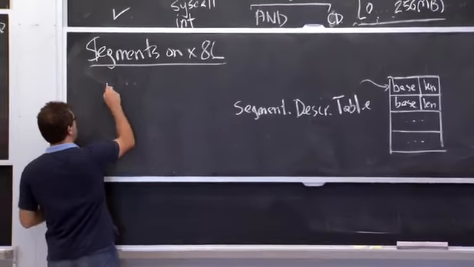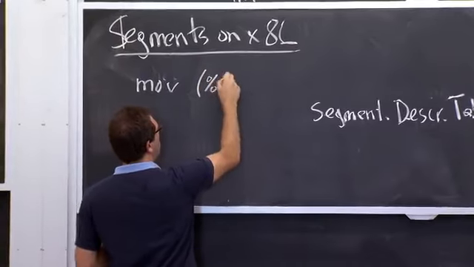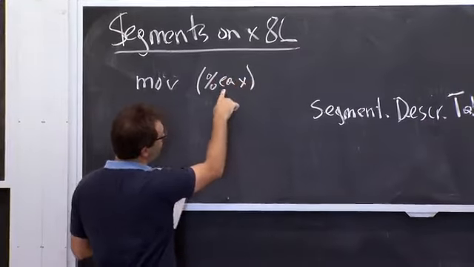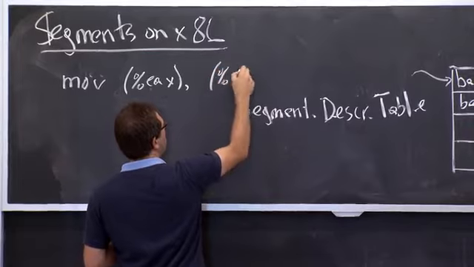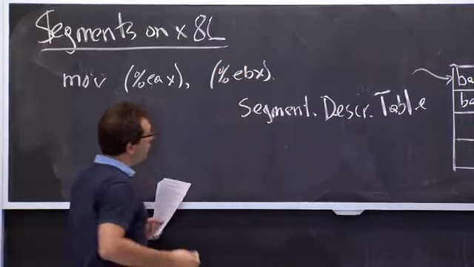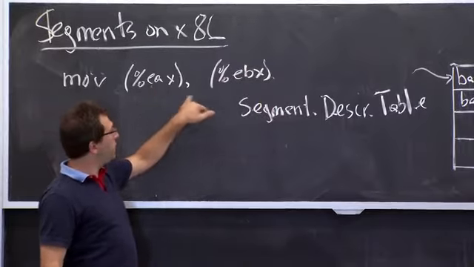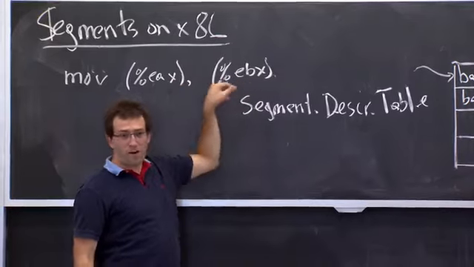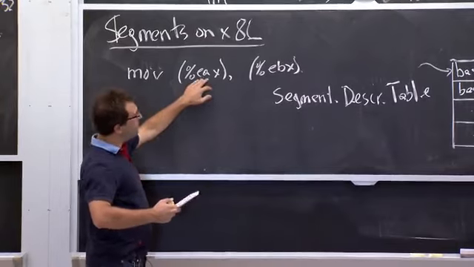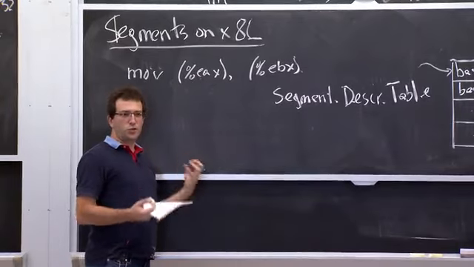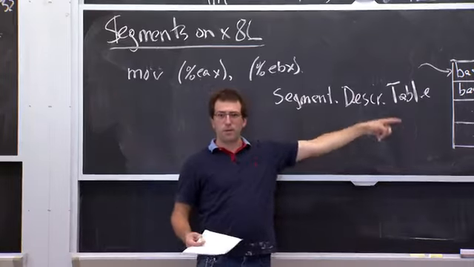So for example, when you do something like move a memory value from a pointer stored in the EAX register into another pointer stored in the EBX register, what you would sort of think it does is figure out what's this address, load memory at this address, and then figure out what's that address, and store the value there. But in fact, on x86, whenever you're talking about memory, there's an implicit segment descriptor, which is kind of like a file descriptor in Unix. It's just an index into this descriptor table.